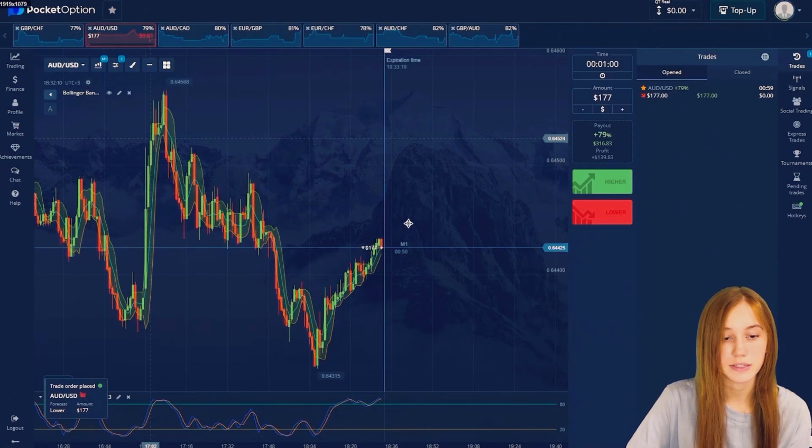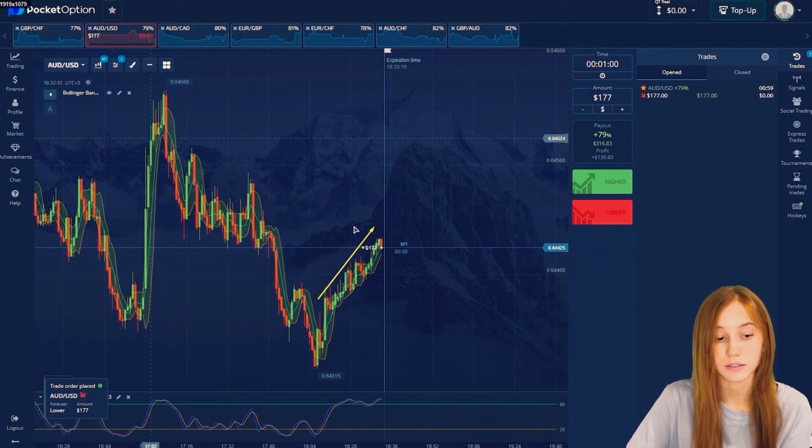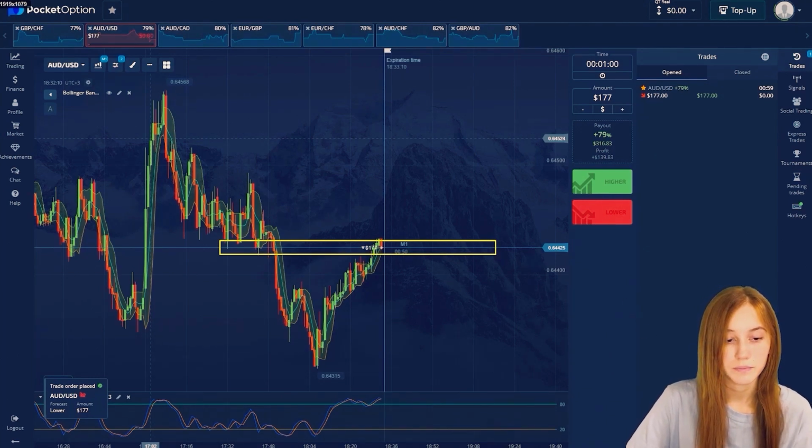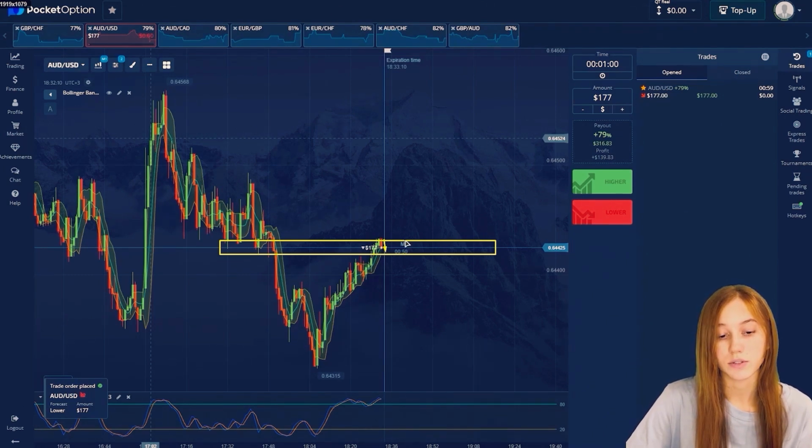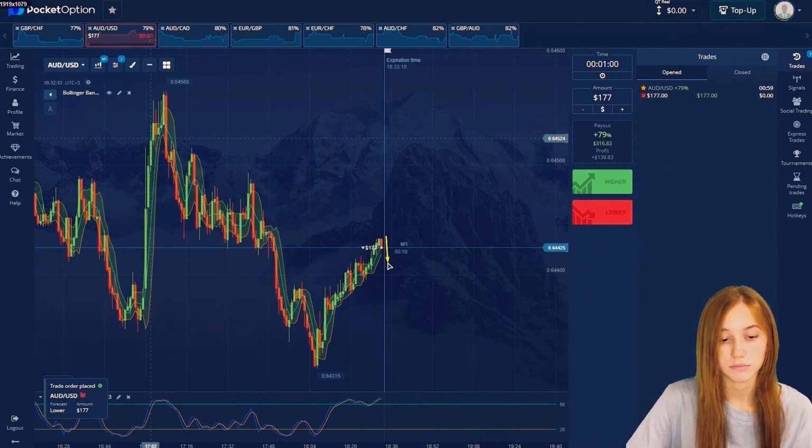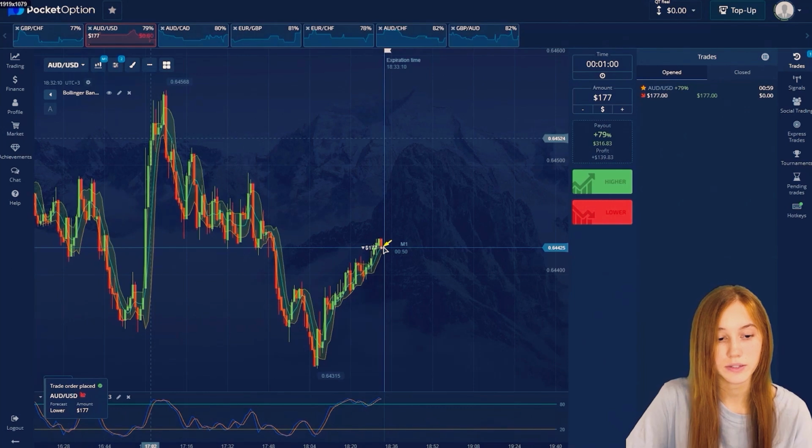By Bollinger, we see the candles had already begun to intersect and headed towards the lower position. They will be heading to the zone, so to speak. Maybe consolidation. So $316.